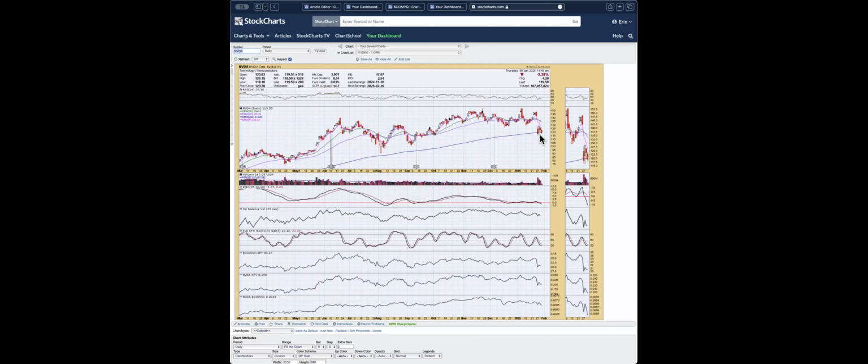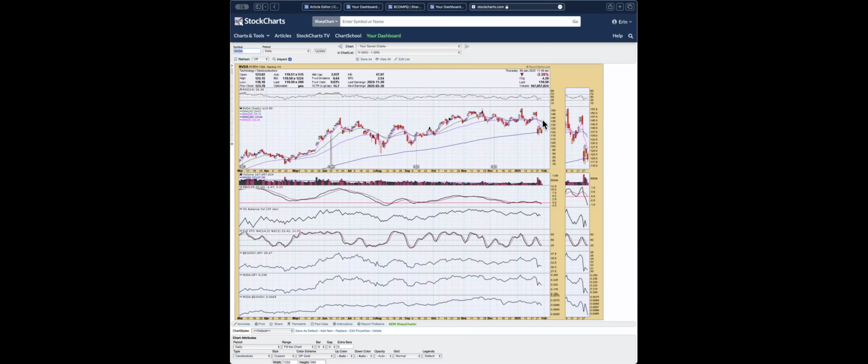Certainly a worry. But for the bulls out there, if you want a little bit of good news, if you will, this could end up being a reverse island. See how we have an island of price here? We got the gap down and then an island. What'll happen a lot of times is you'll get these islands and you'll get a reversal from them. So in this case, it would be an upside reversal or a gap up.